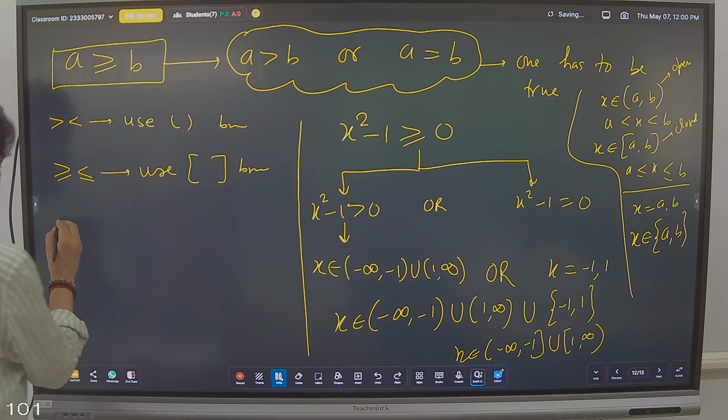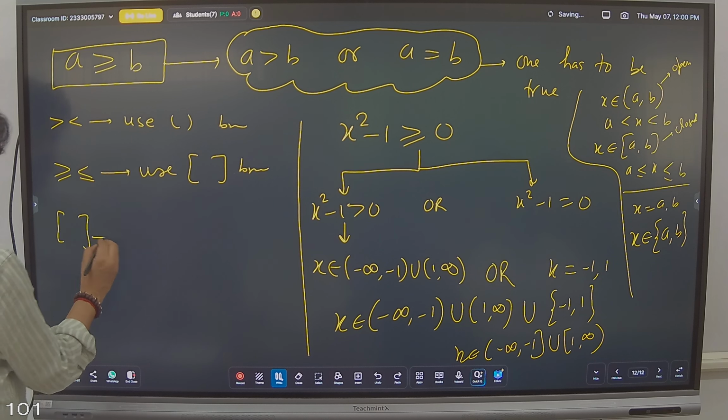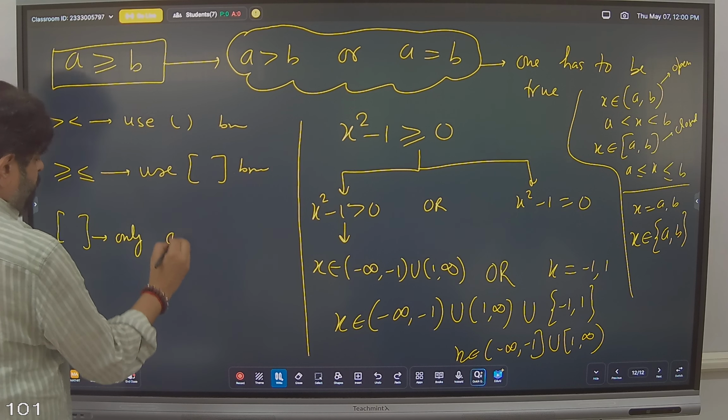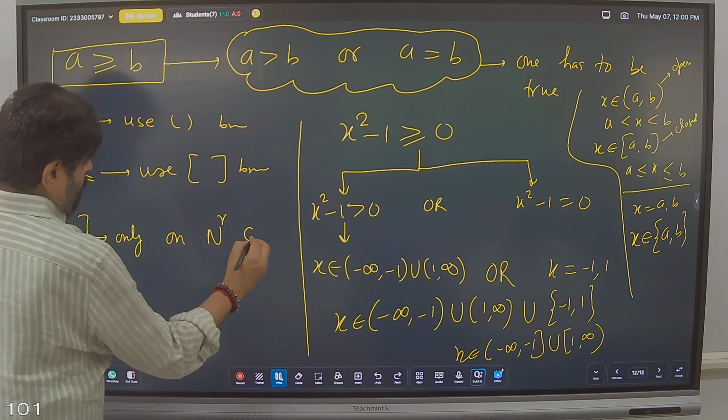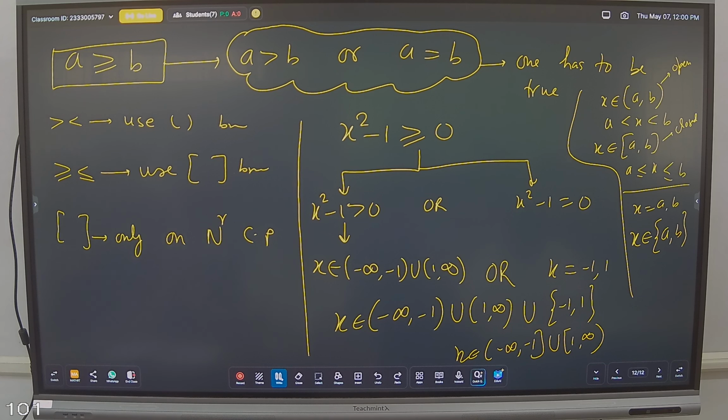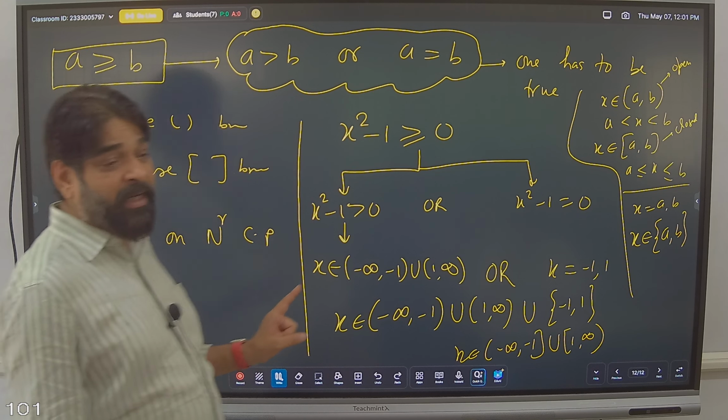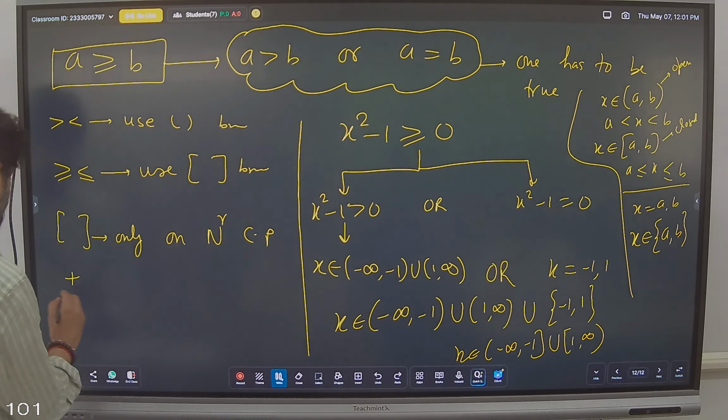But always remember, this should be used only on a numerator critical point. In future, there will be terms in the denominator. So at that critical point, we cannot use the close bracket. Close bracket should be used only on the numerator. And a close bracket never comes on plus minus infinity. Plus minus infinity is always open.